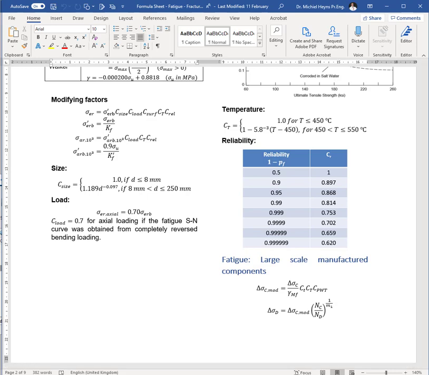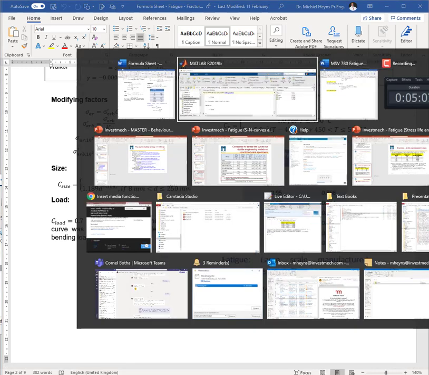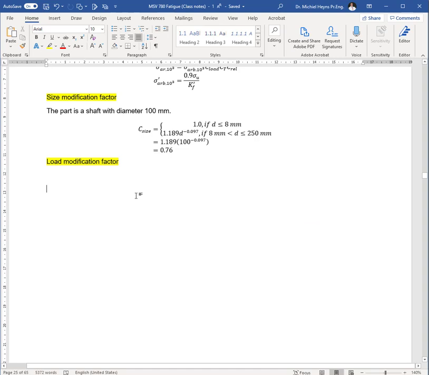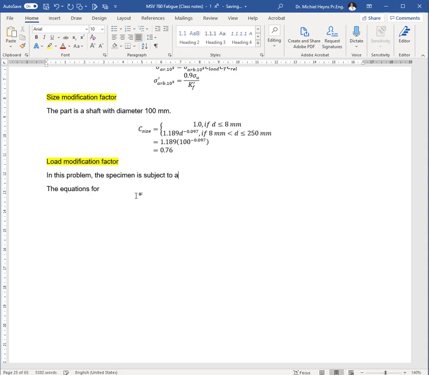Now let's go to our problem. Let's say, in this problem, the specimen is subject to axial loading.